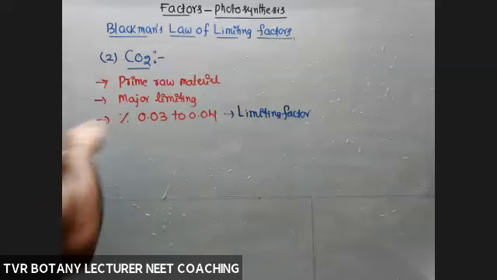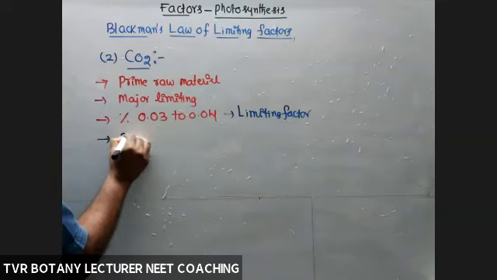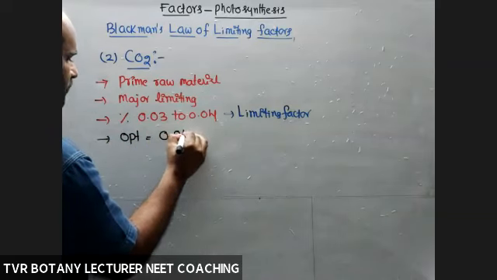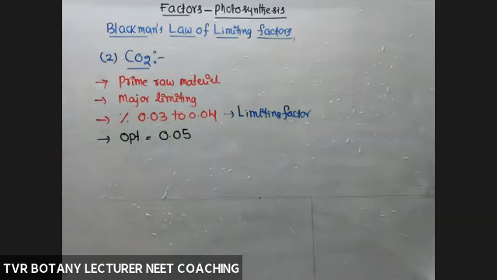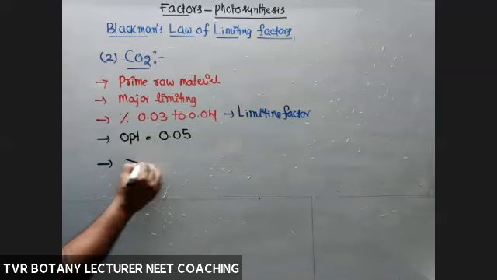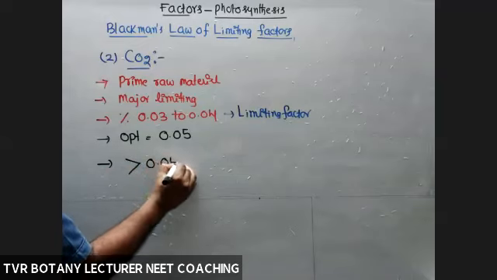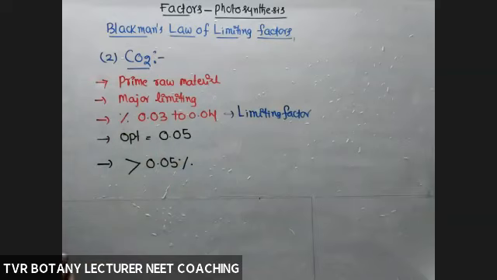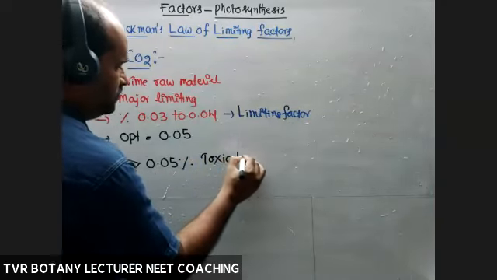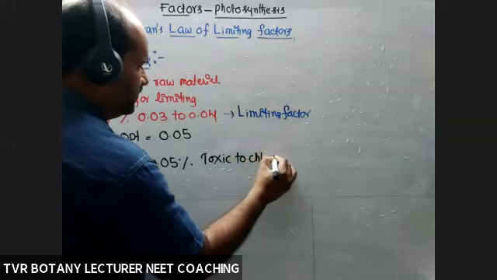Optimum concentration. According to the textbook, optimum concentration is 0.05. If it is greater than 0.05%, it is definitely a higher concentration and a limiting factor. More concentration of CO2 is toxic to chlorophyll and the plant.